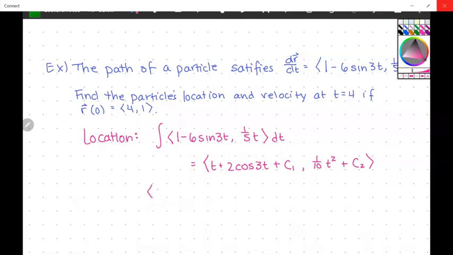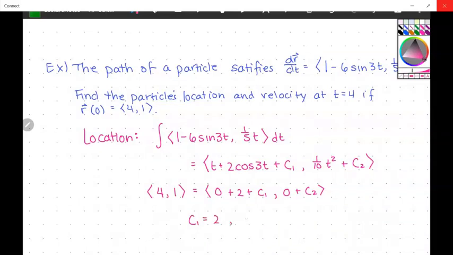So the position vector is 4, 1 when t equals 0. So I'm going to let all those t's equal 0. We get 0 plus 2 plus c1, 0 plus c2. So what does c1 equal?